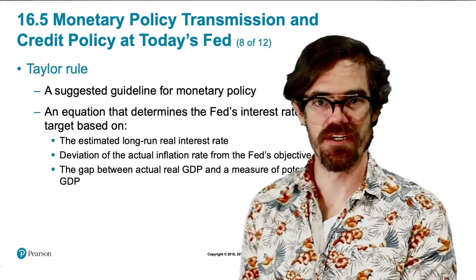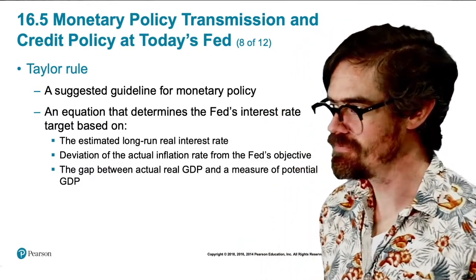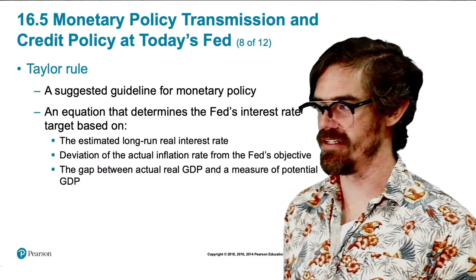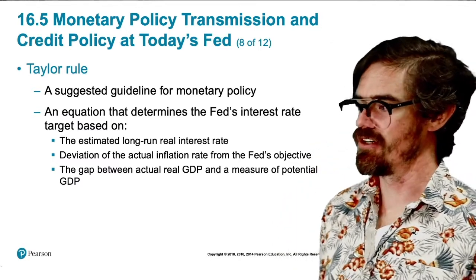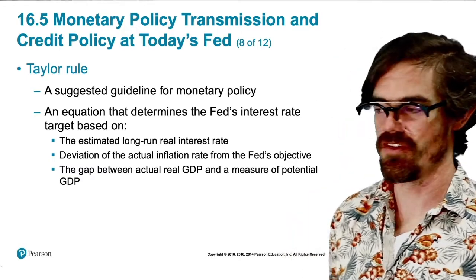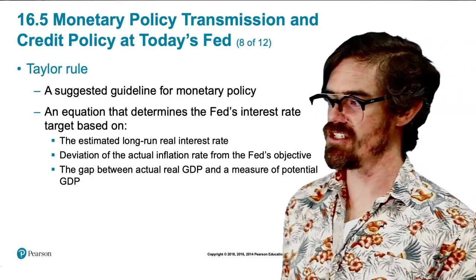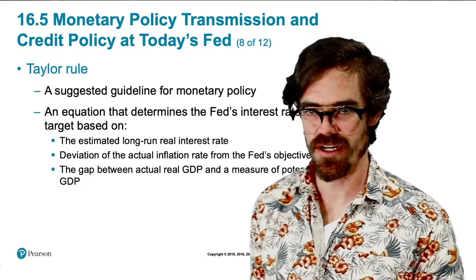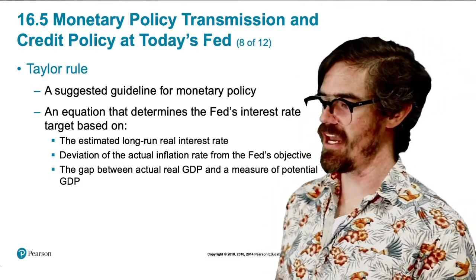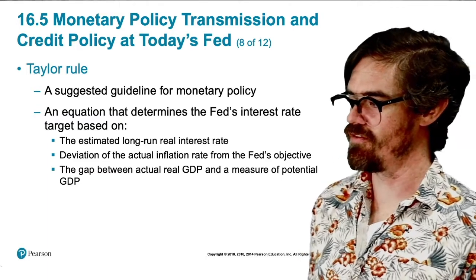All right, something else we need to learn about is called the Taylor Rule. It's basically a suggested guideline for monetary policy, and it's an equation that determines the Fed's interest rate target based on a few different things: the estimated long-run real interest rate, and the deviation of the actual inflation rate from the Fed's objective.